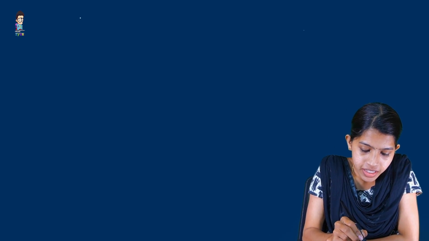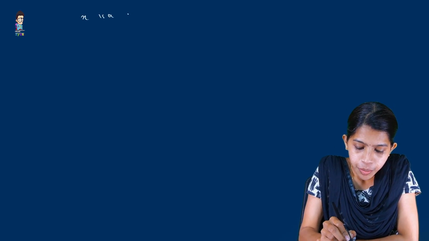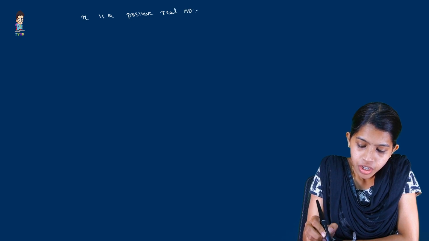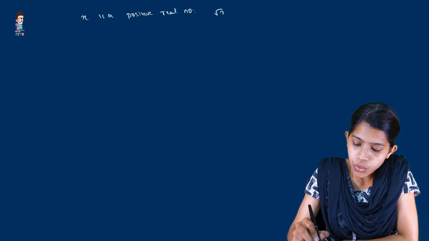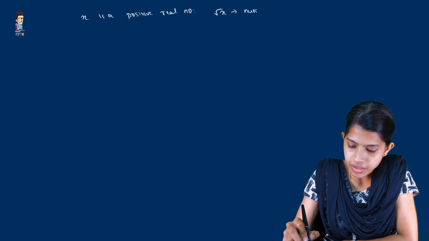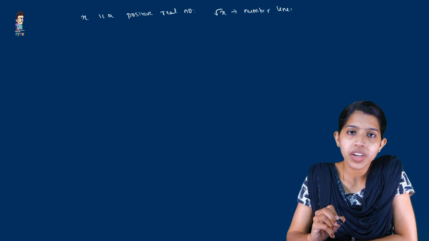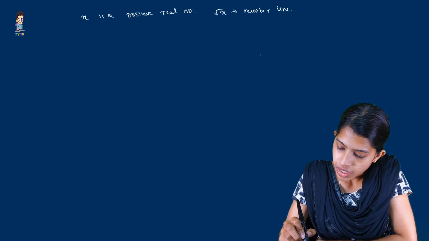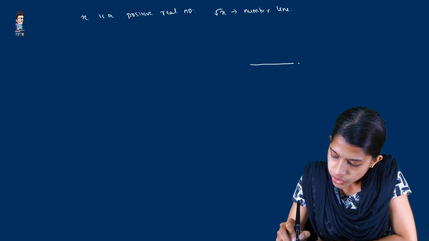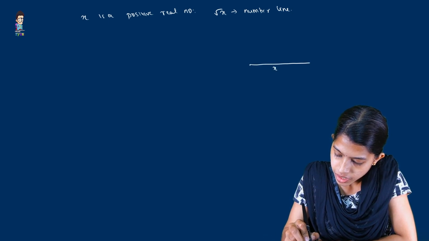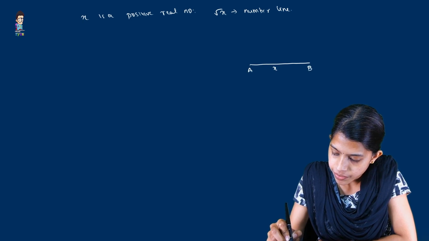Suppose x is a positive real number. We are going to locate root x on the number line. For this, a small construction is required. Now, draw the distance of x. I am denoting this line segment as AB.